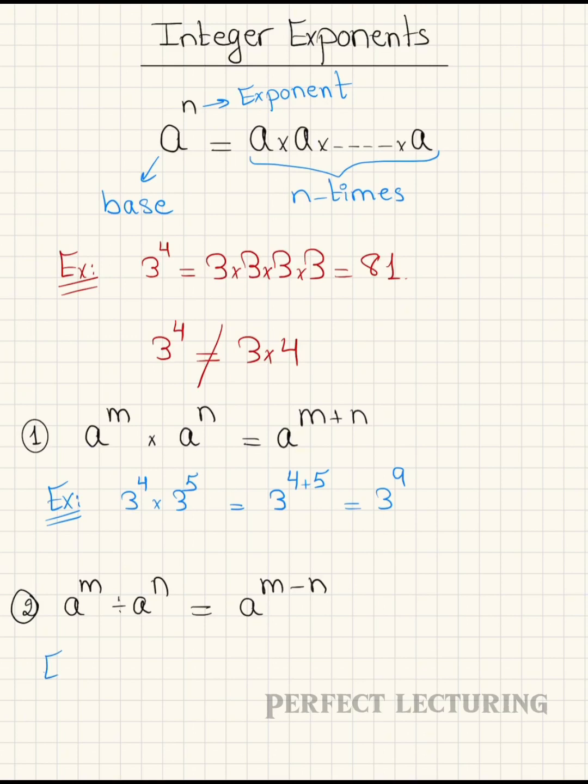For example, I might have 4 to the power of 7 divided by 4 to the power of, let's say, 6. This is equal to 4 to the power of 1. Another example would be 5 to the power of 2 divided by 5 to the power of 6. This becomes 5 to the power of negative 4. Why negative 4? Well, 2 minus 6 is negative 4.